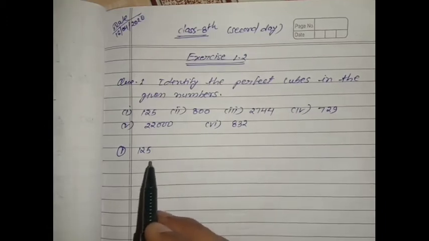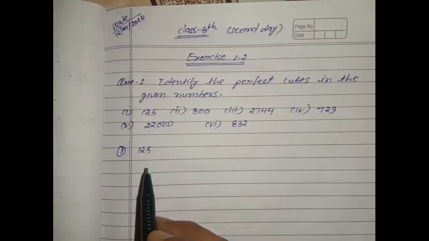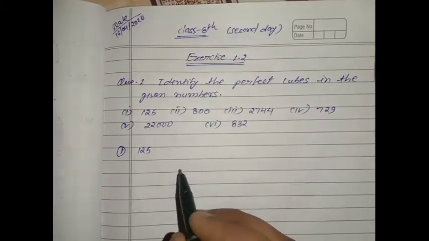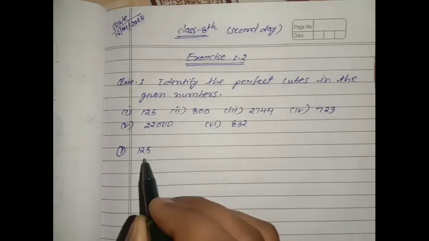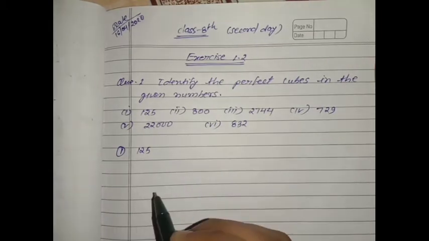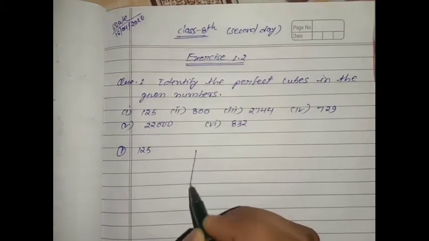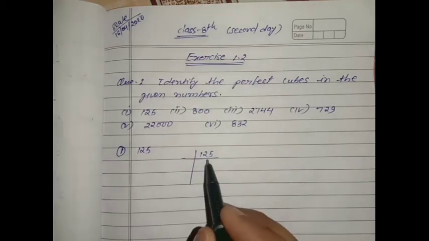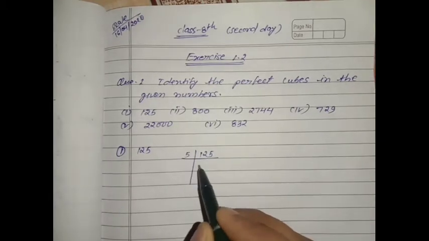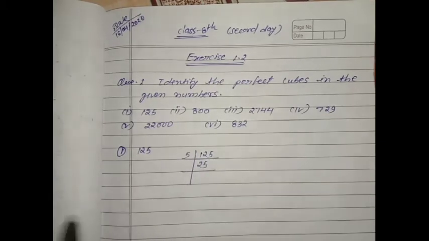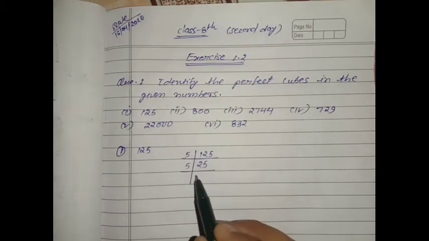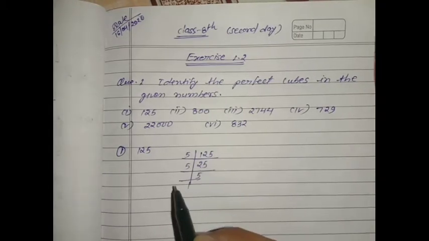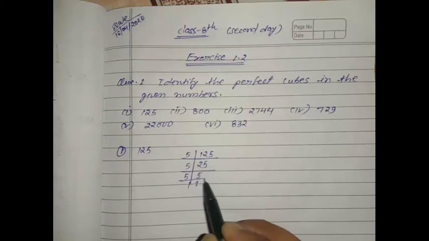To identify a perfect cube, you first have to find the prime factors of 125. So how to find prime factors? Let's see. 125 is divided by 5, which gives 25, and 25 is divided by 5, which gives 5, and 5 is divided by 5 one time.